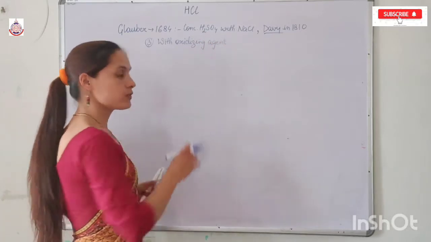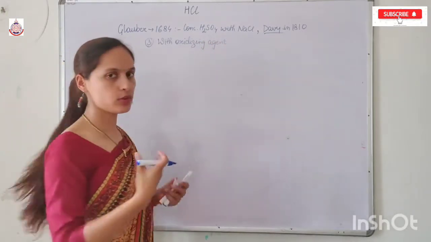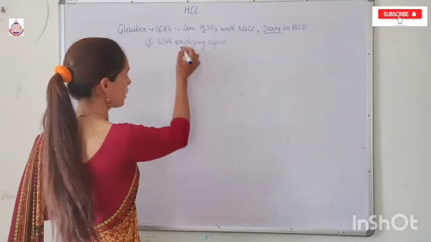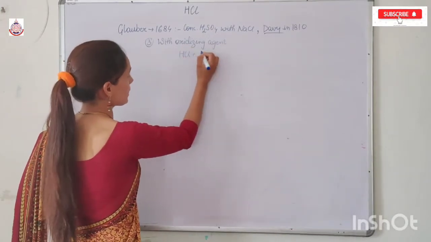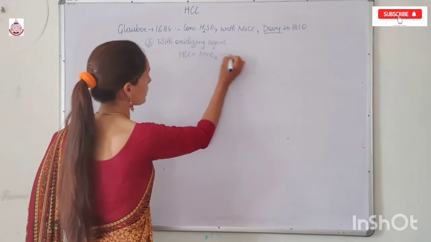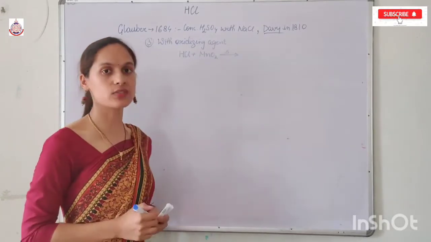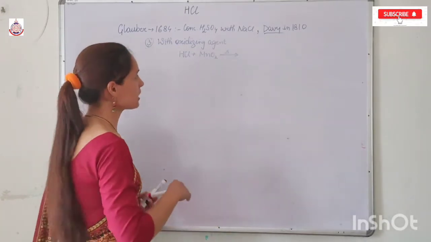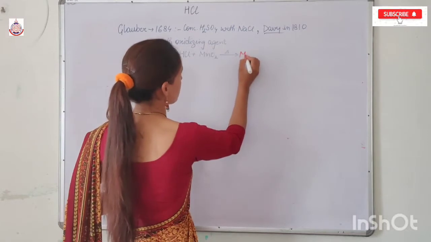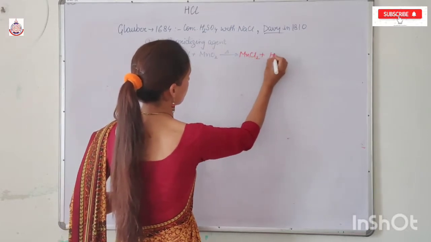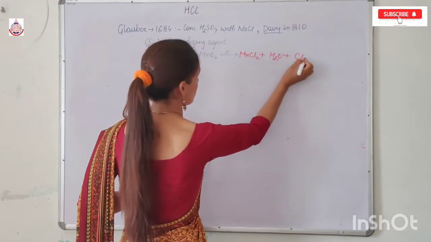In our previous video we have also studied this, so I'll write only two to three reactions. When HCl reacts with MnO2 on heating, it forms MnCl2 plus H2O plus Cl2.